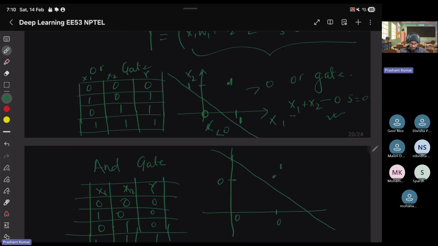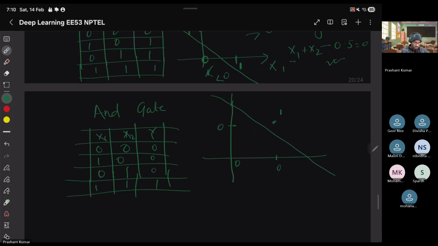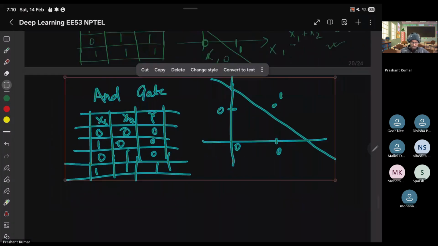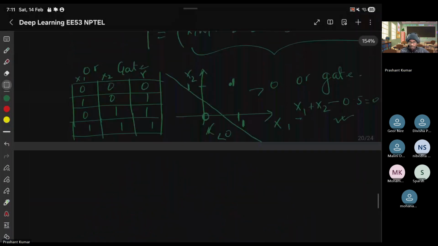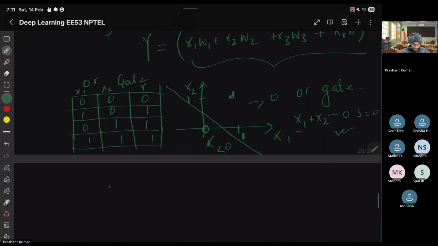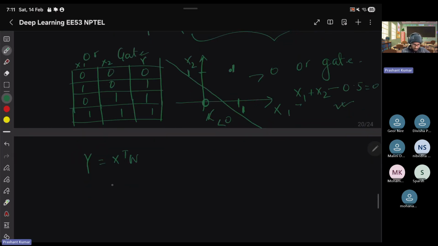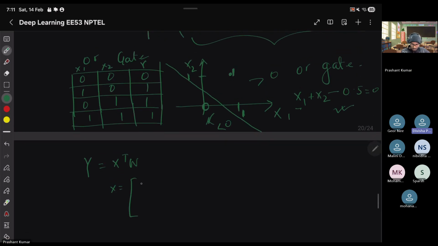So B is the bias, is it? Yes. In this case, I can write X transpose W is equal to Y, in which X is x1, x2, and 1, and W is 1, 1, minus 0.5, right?